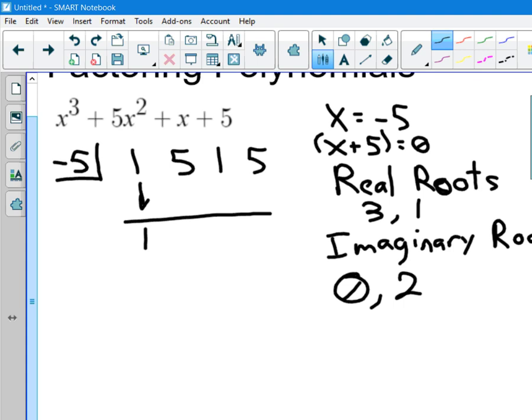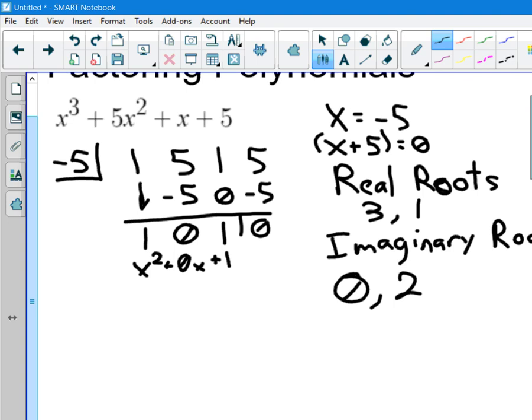Bring down your first term. 1 times 5 is 5, plus 0 is 5, times 5 is 25, plus 1 is 26, and so on. This is x squared plus 0x plus 1.